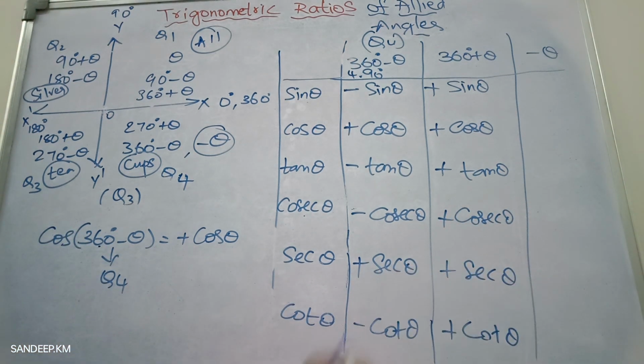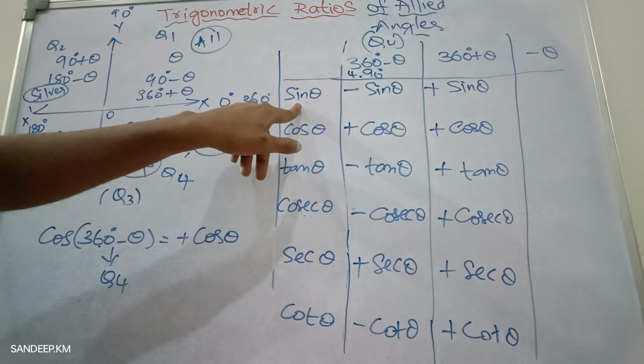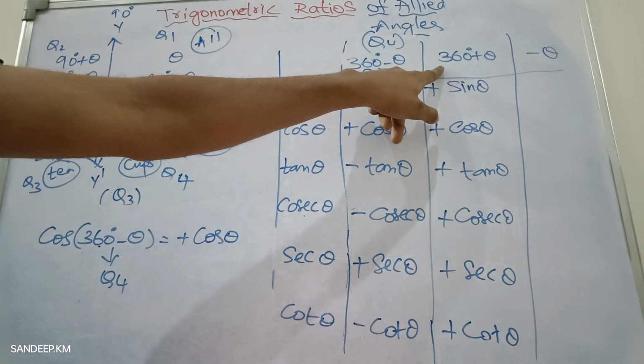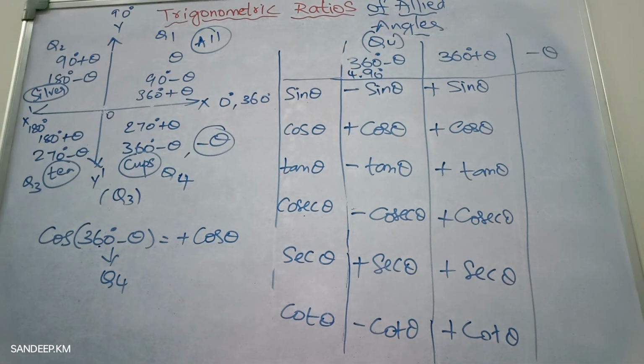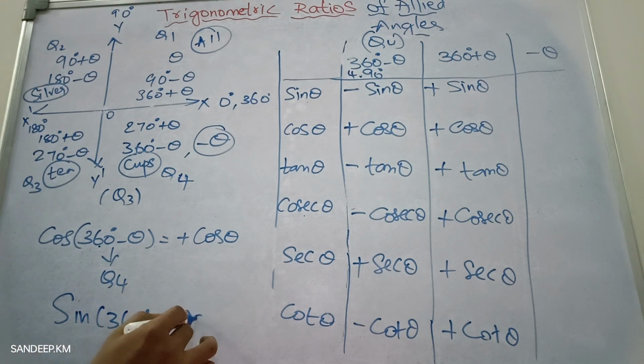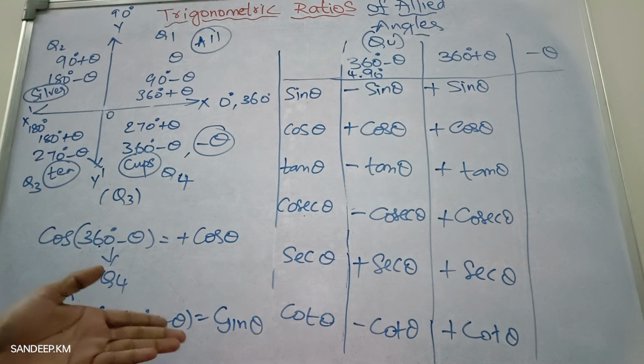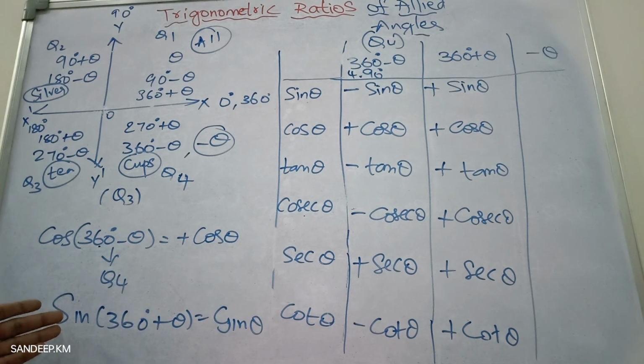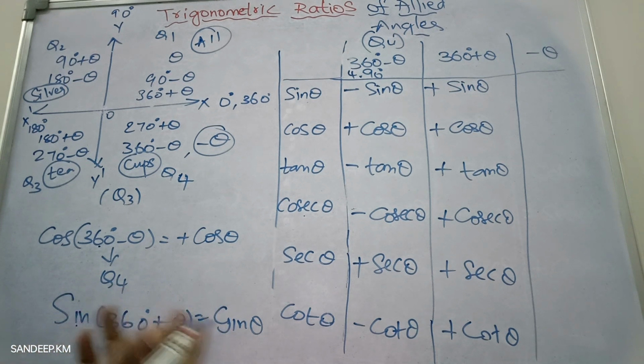That means any trigonometric ratio of 360 plus theta is the same as itself. Sin of 360 plus theta will be plus sin theta. Cos of 360 plus theta is plus cos theta. Tan of 360 plus theta is plus tan theta. Please observe one thing. The sign did not change. Moreover, the trigonometric ratio also did not change.